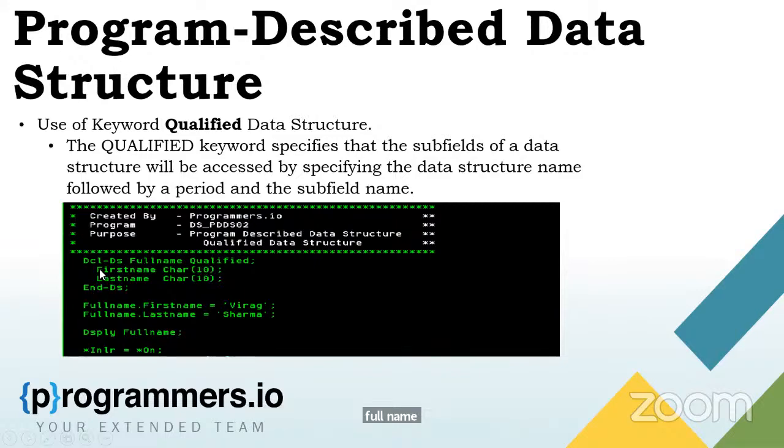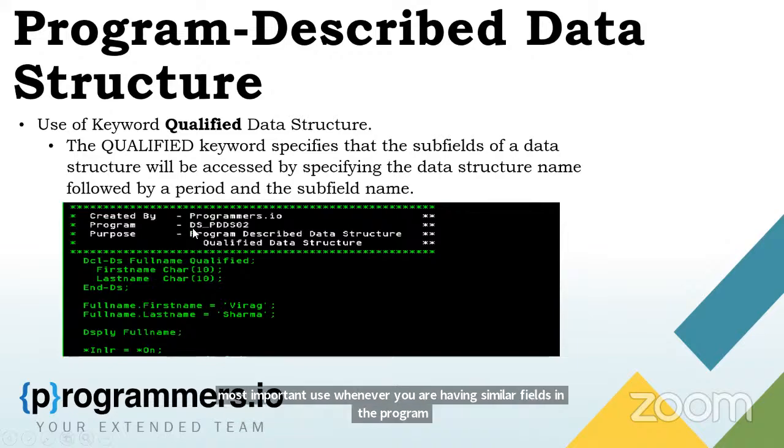It has two subfields, first name and last name. In the example, I'm using the data structure name, then the subfield name separated by a period, and then I'm assigning some values. This is the use of the qualified data structure. The most important use is whenever you have similar fields in the program, you can use qualified, because it will differentiate them by using the data structure name in front.